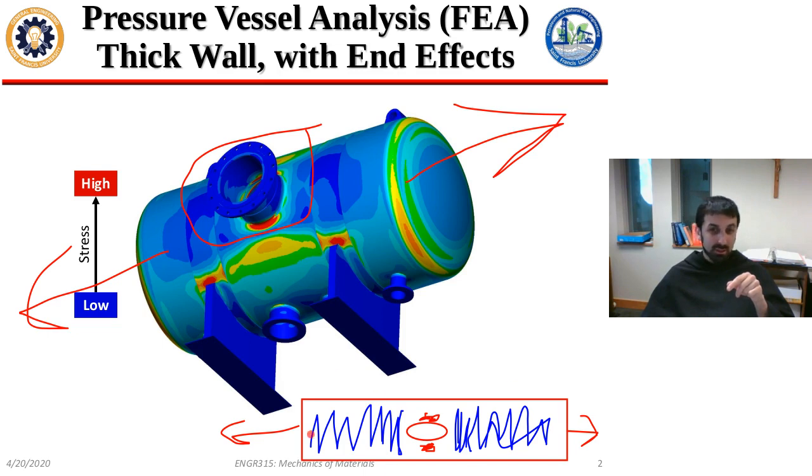It's essentially like this bar. You have some tension on it. You have a hole sitting in the middle of it that's causing these stress concentrations right at the top and bottom of the hole.